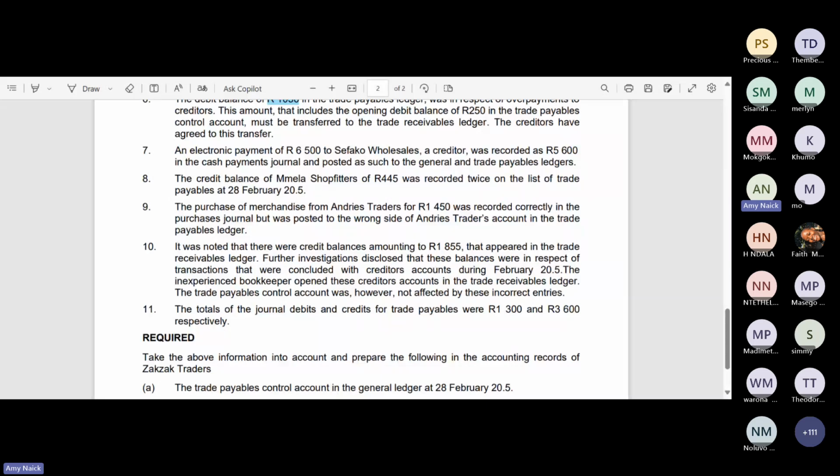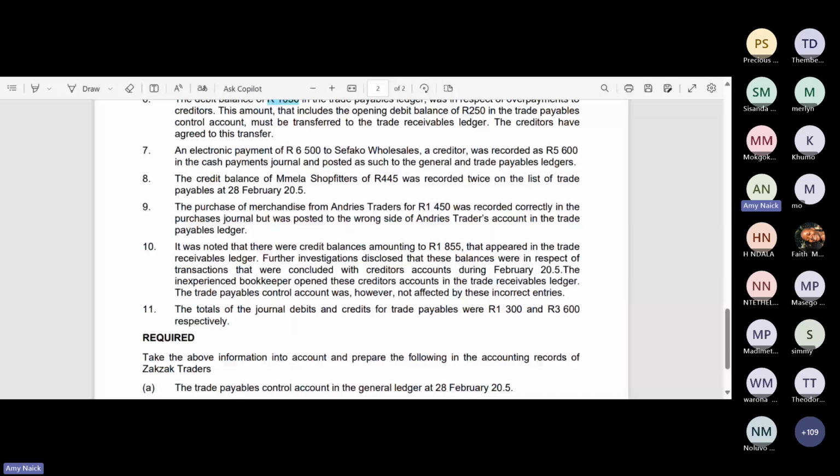Because they're making reference to the general journal, we know that the control account is also affected. So both the control account and the listing are incorrect by this 900 Rand. The 900 Rand is the difference between the actual payment of 6,500 Rand and what was recorded in the books of 5,600 Rand. So effectively, we paid the creditor more.